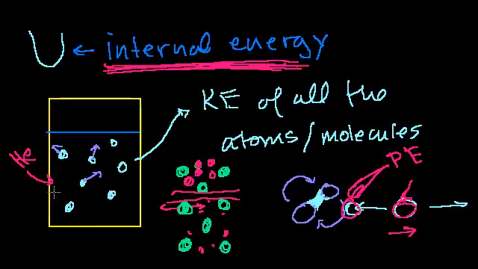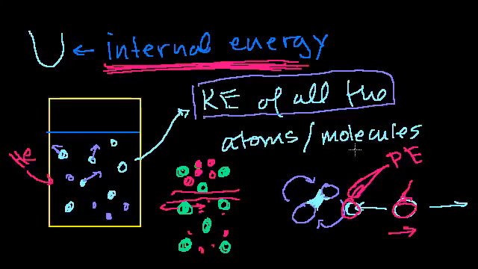They don't form molecules with each other, or well, let's just assume that they're not. They're just individual atoms. And in that case, we really can simplify the internal energy to being the kinetic energy, if we ignore all of these other things. But it's important to realize internal energy is everything. It's all of the energy inside of the system.